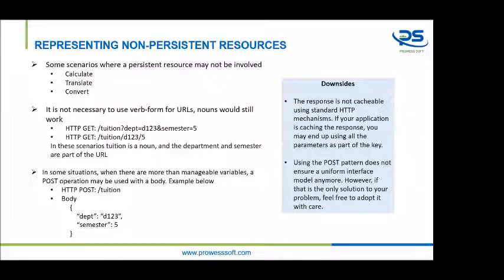For example, in terms of our regular use case, which is a university-based service, if you are trying to get the tuition for a certain department in a certain semester, then you could use it through the query parameters as shown up there, or as the path parameters as shown here.